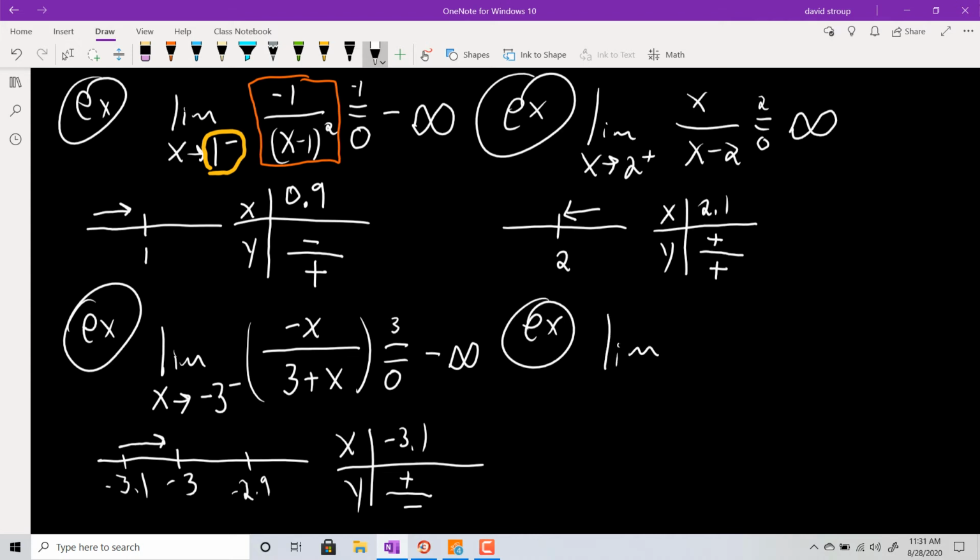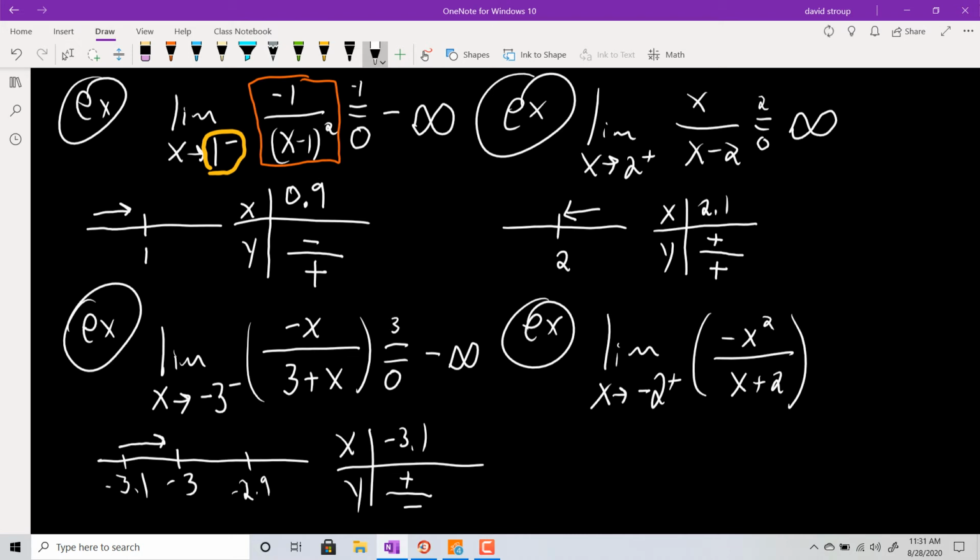So the limit as x approaches, let's say, negative 2 from the right, and you can try anything you want, negative x squared all over x plus 2.